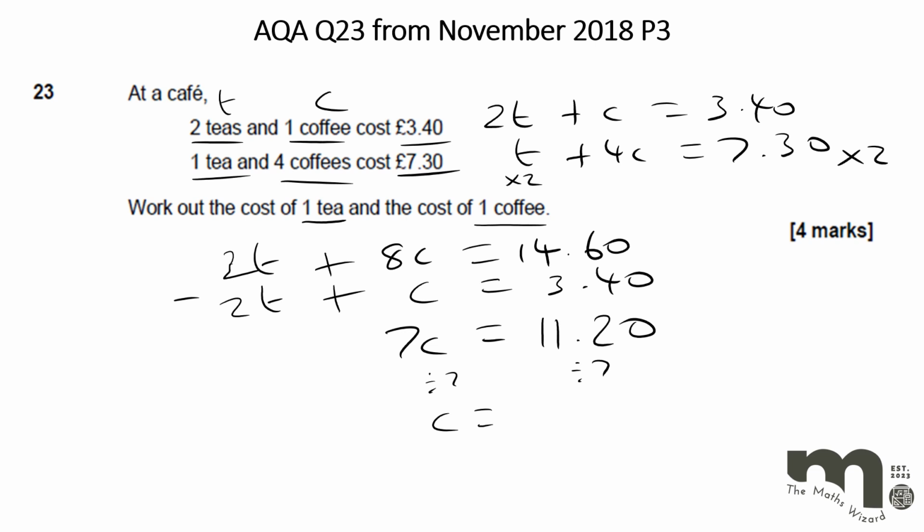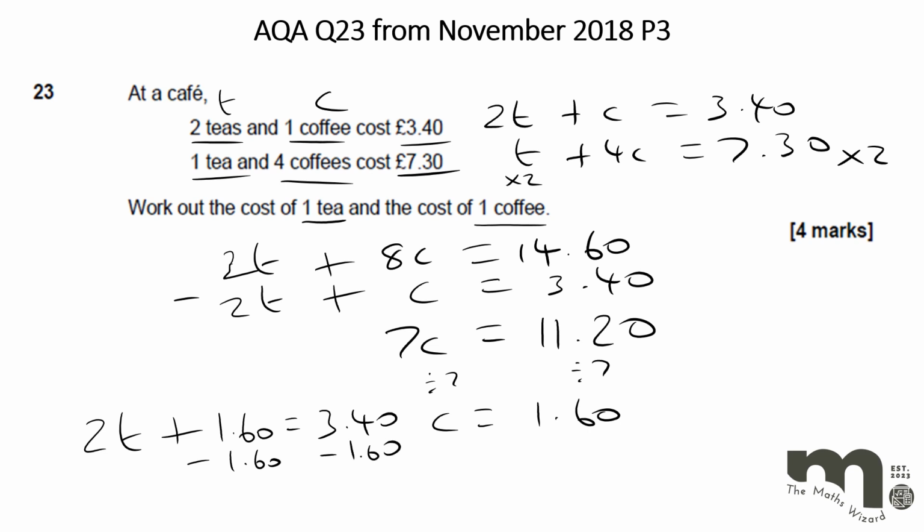So now we know that a coffee costs £1.60, we can do a bit of substitution. So I'm just going to take the top original equation, 2T + £1.60 = £3.40. So what we can now do is take £3.40, subtract £1.60 from it, and that will tell us that 2 teas are worth £1.80.